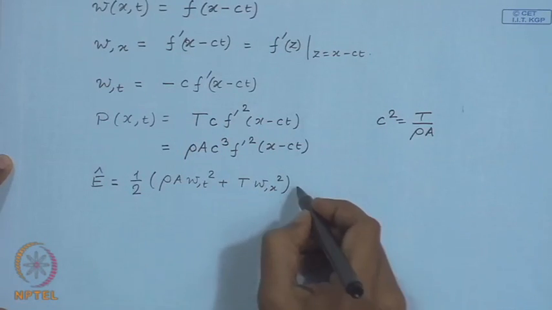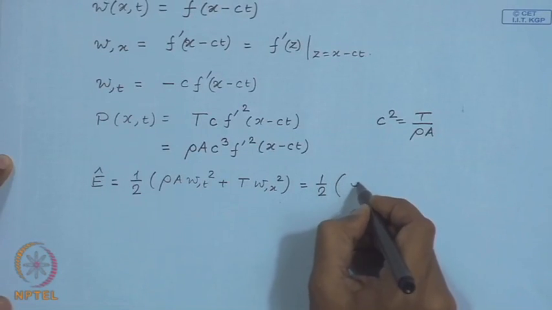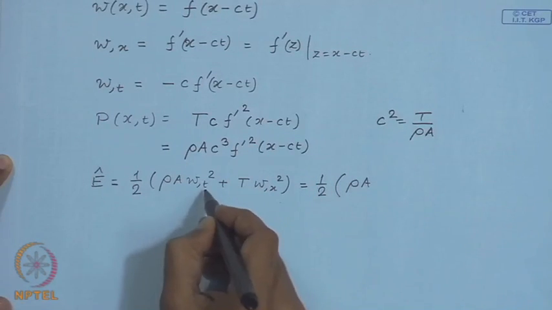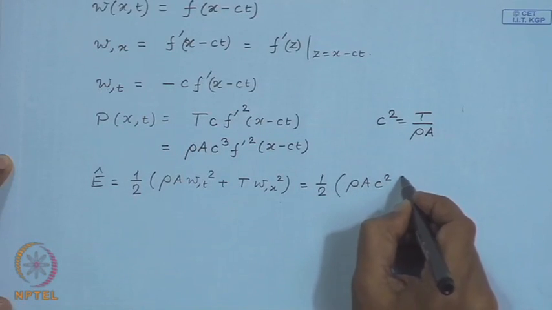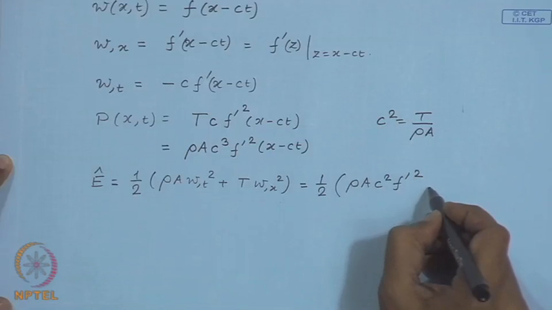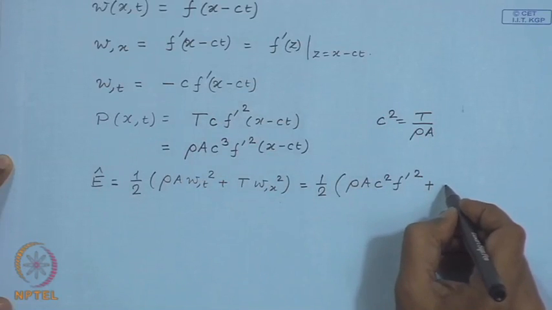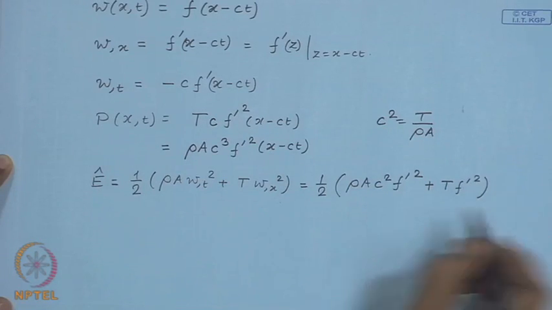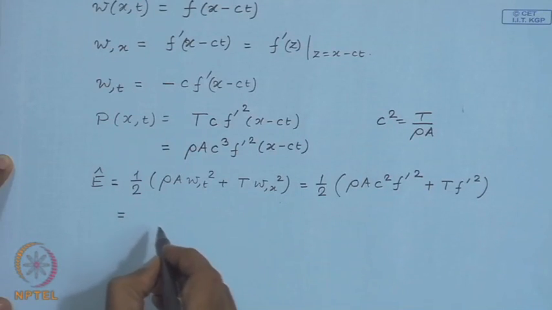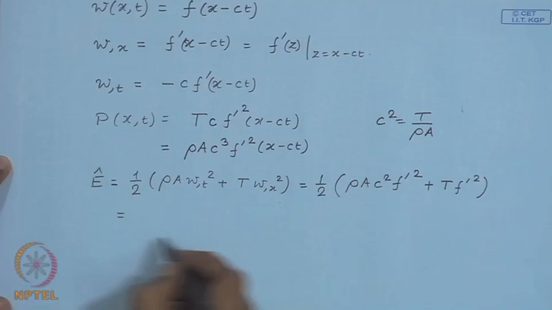So, this is the energy density, and if you calculate this, let us see. It is del W del T whole square plus del W del X whole square. This therefore can be simplified using again this expression as follows.